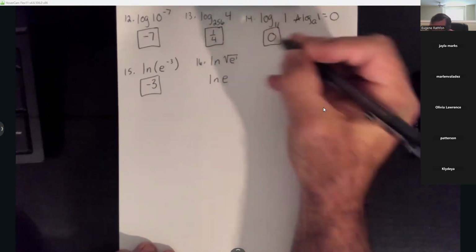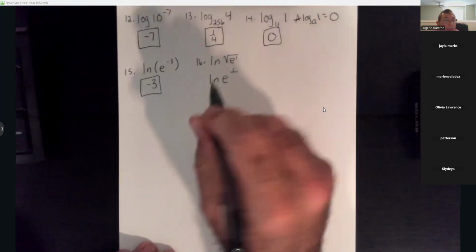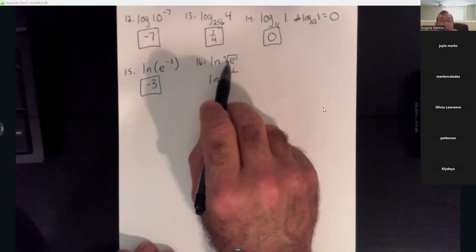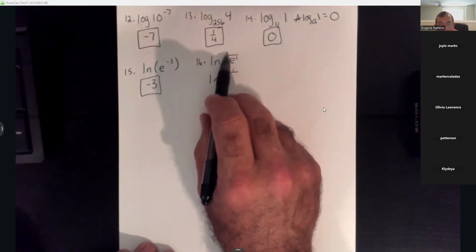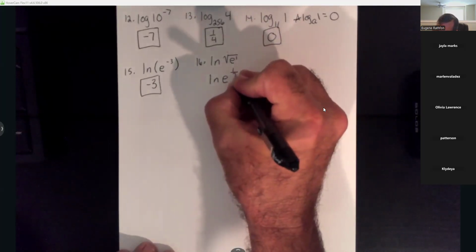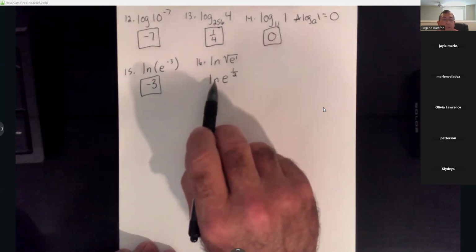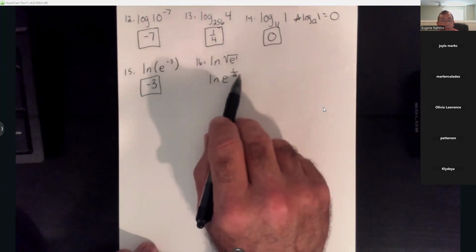Remember, the e's got a 1 as the top number for the exponent, so that'll be 1 over. Anytime you have a radical and there's not a number in the notch up here, it's automatically a square root, which is a 2. So this is really ln of e to the 1/2.